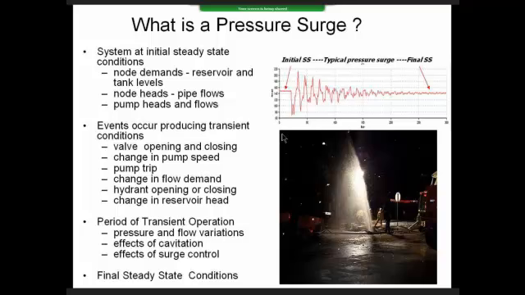Once that occurs, you start getting pressure fluctuations and flow fluctuations in your system, and you'll have a period of transient pressures and flows, and then finally another steady state, which would be the steady state that would occur based on the condition that caused the transient. For example, if a pump came on, it would be the steady state with that pump running. So this is basically how we describe the surge.